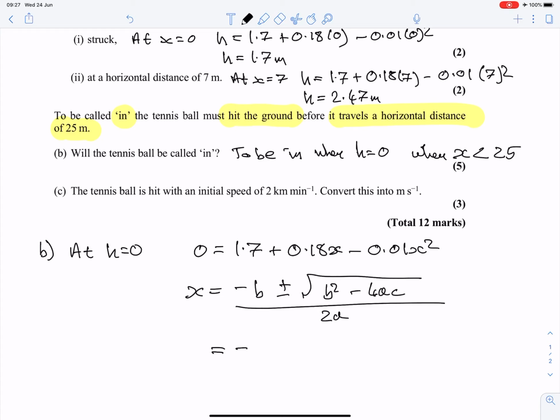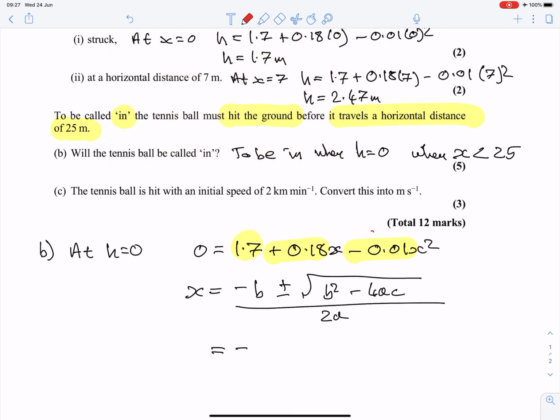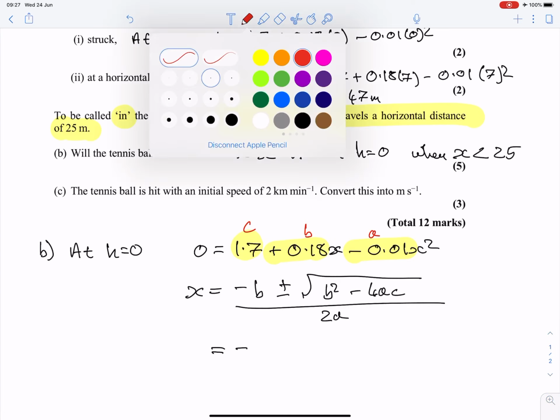Negative b is... sorry, I got that wrong because it's written in an unusual order. That's a, the number of x squared, b is the number of x's, c is the units on the end.